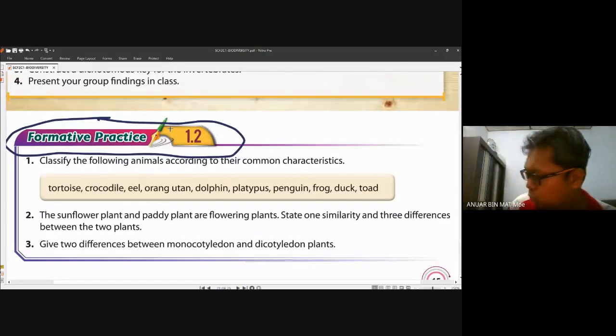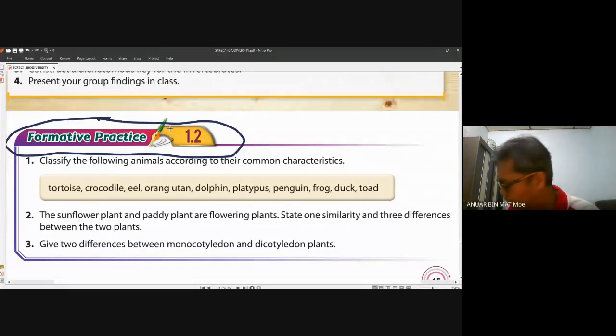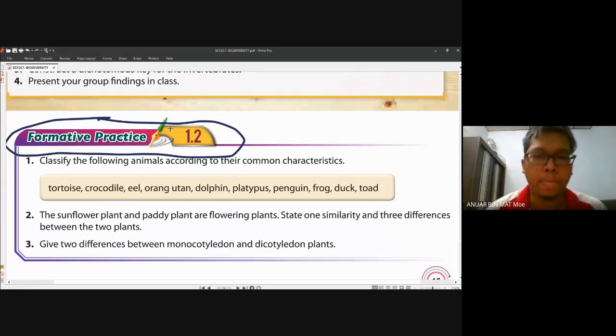You can finish your workbook until page 9. Today we already finished chapter 1, the first chapter for Form 2. Is it okay?